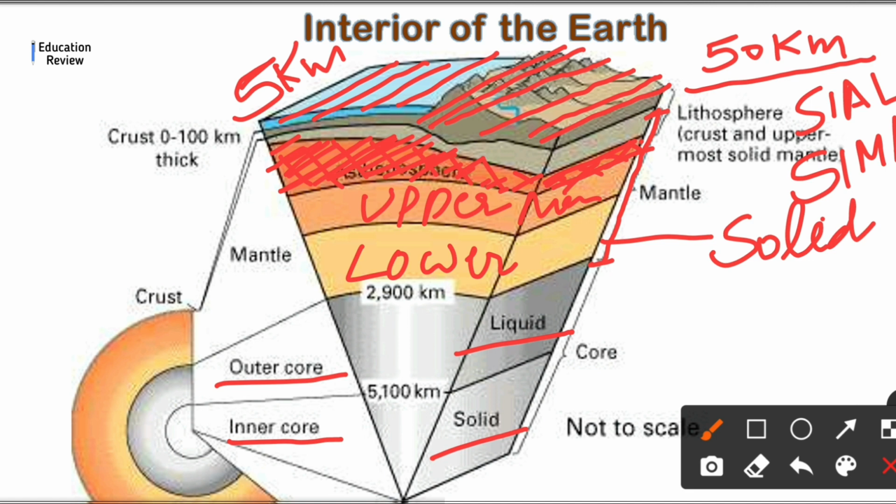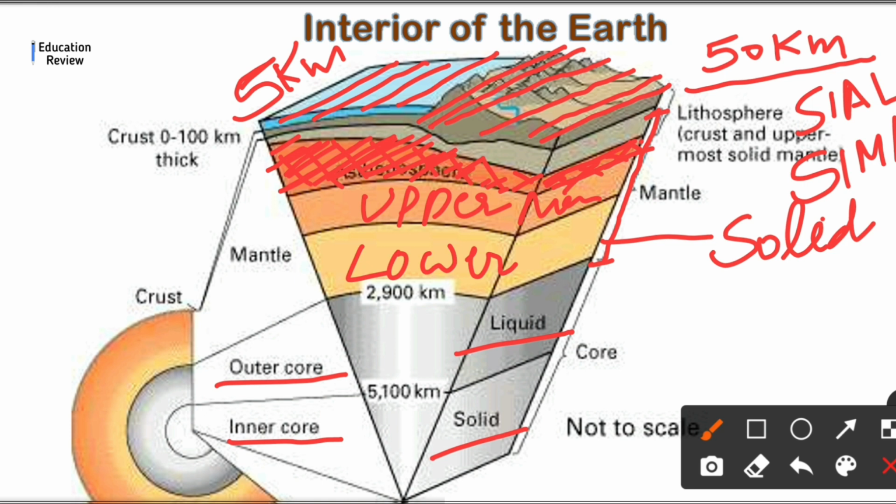Okay, let's go to the next layer, the asthenosphere, which is in viscous form or jelly-like form. When we go below the earth's surface, the temperature increases due to pressure. The pressure of the layers above will increase the temperature below.